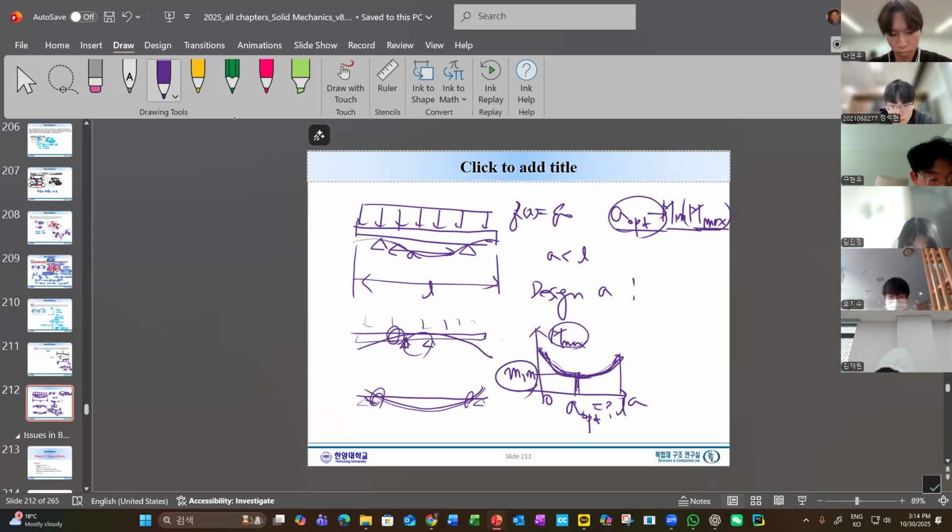This can be very practical, the case when you design this. You have a distributed load.